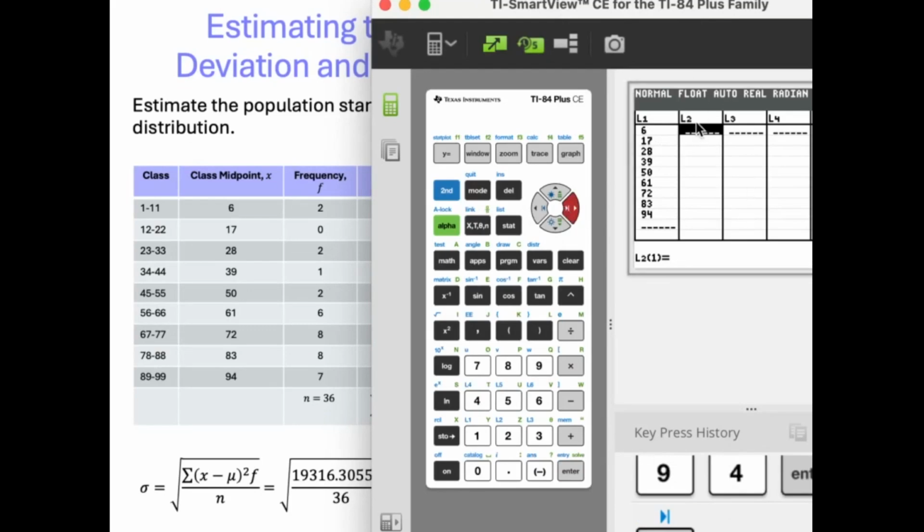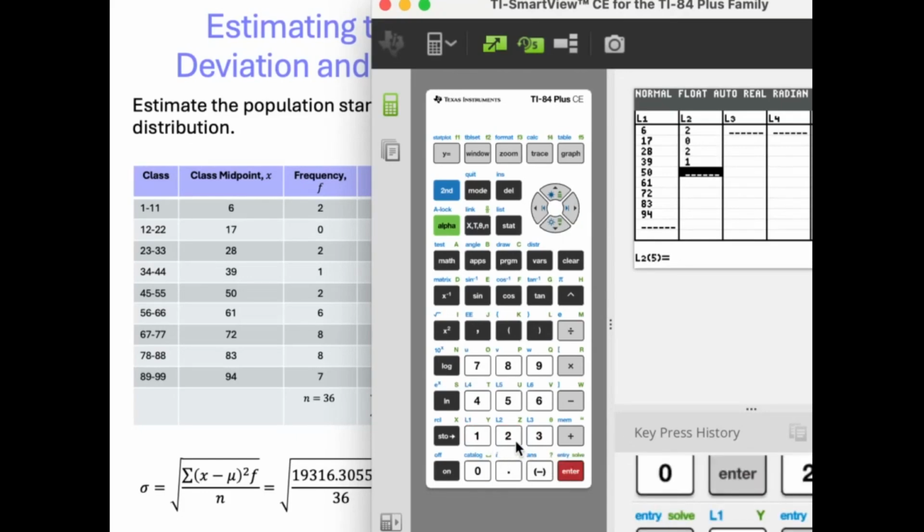And then we're going to put the frequency list in list 2. So we have 2, 0, 2, 1, 2, 6, 8, 8, and 7.